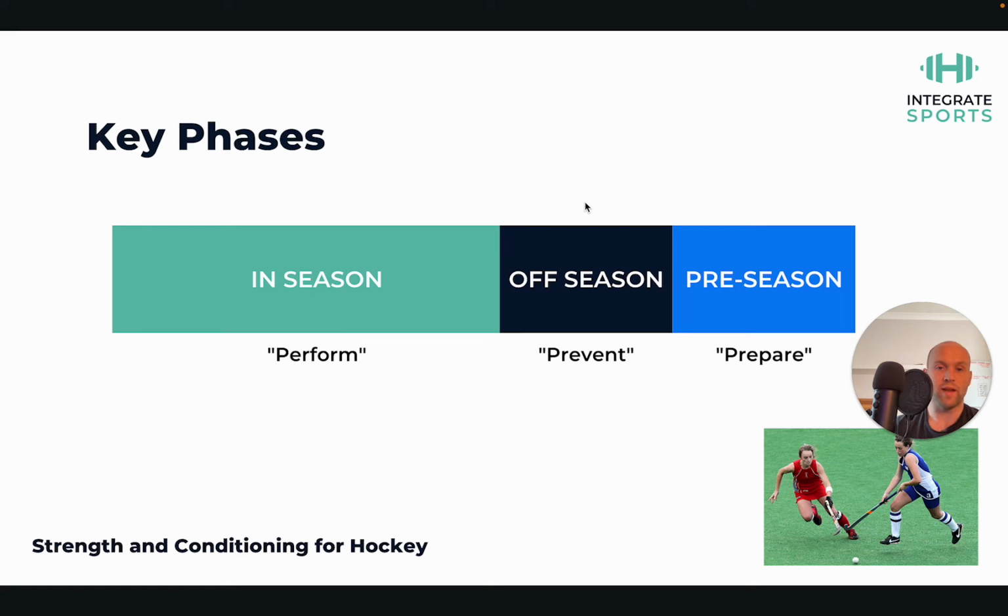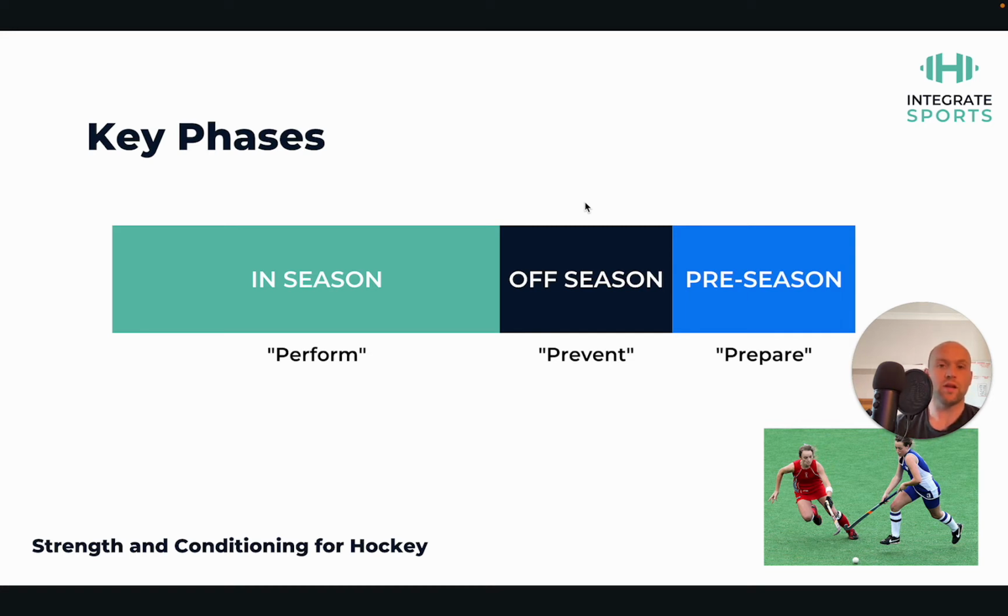We're also trying to prevent things like overuse injuries by doing much more generalized training, things like cross-training, so we're doing other sports or taking some time out, and that prevents overtraining and potential overuse injury. And then we've got the pre-season where we start to prepare. So we've got perform, prevent and prepare, and the pre-season we'll say is typically around 6 weeks. That's when we're preparing for the season.